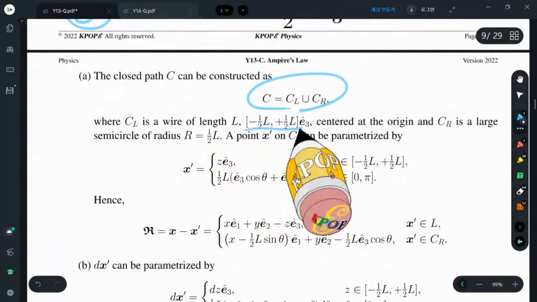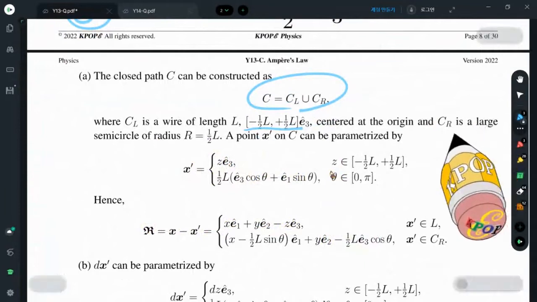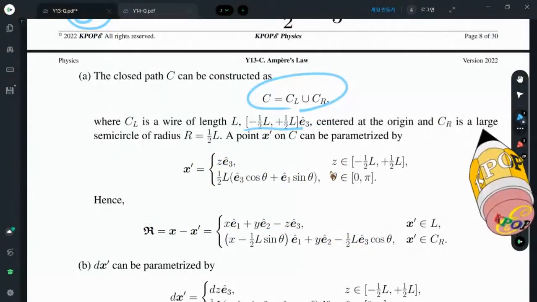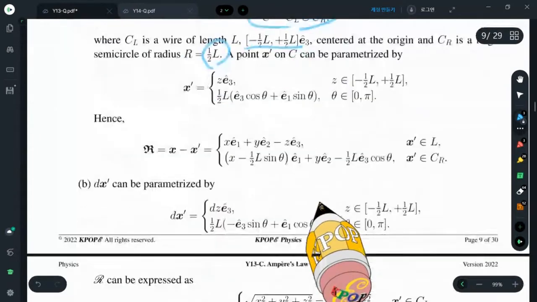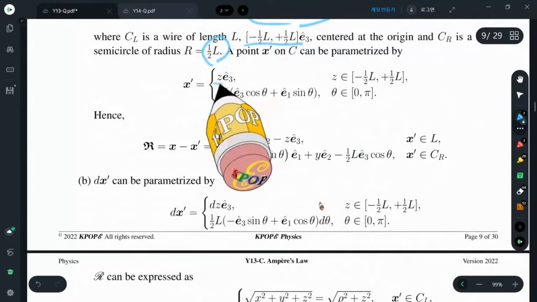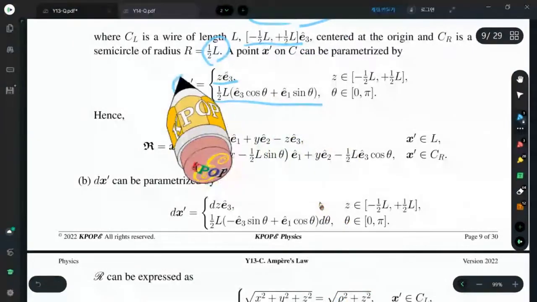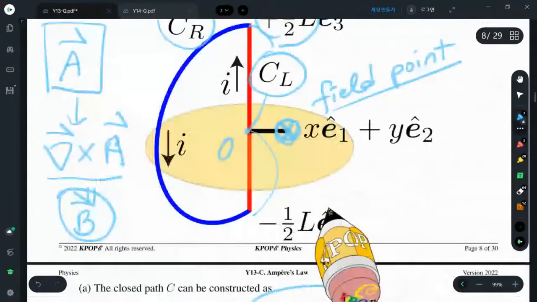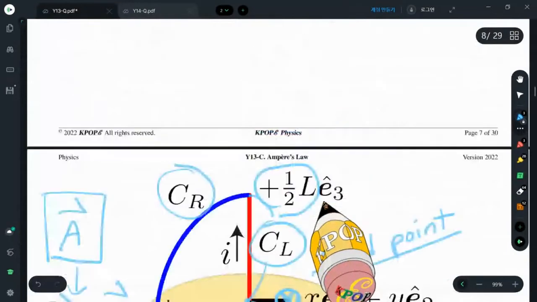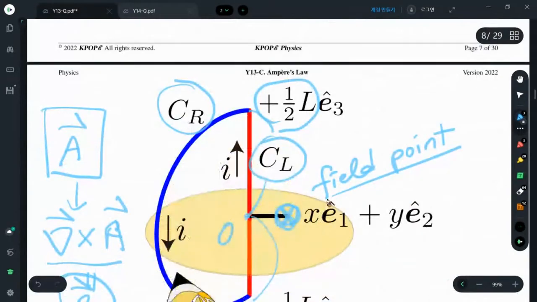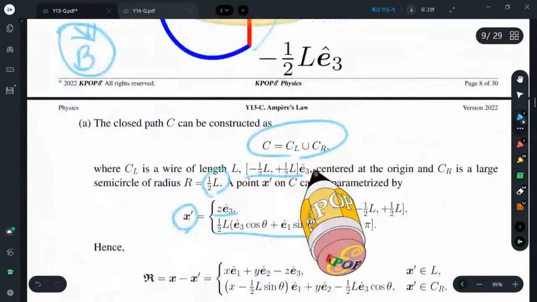CL is the straight path and CR is a semicircle of radius r that is 1/2 of L. These are parameterizations of x prime because we need to integrate over x prime, that is along the circuit.